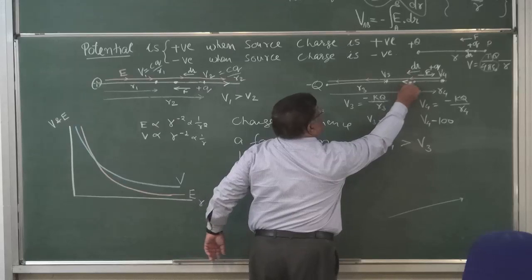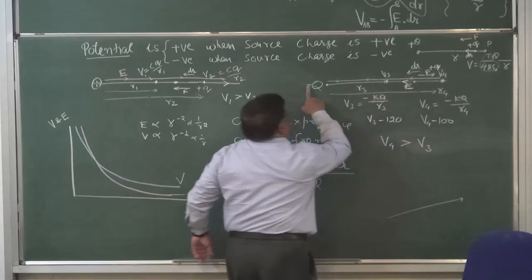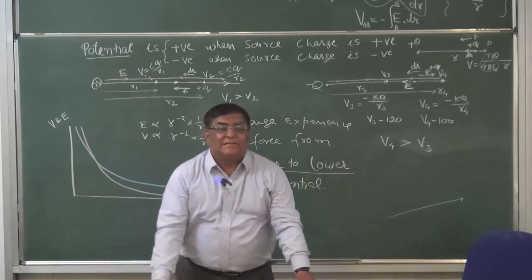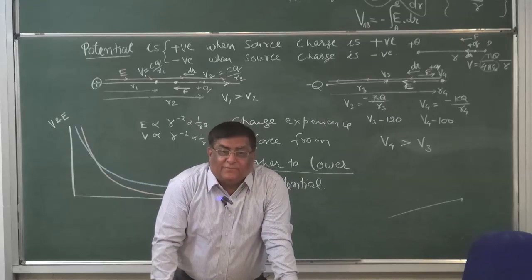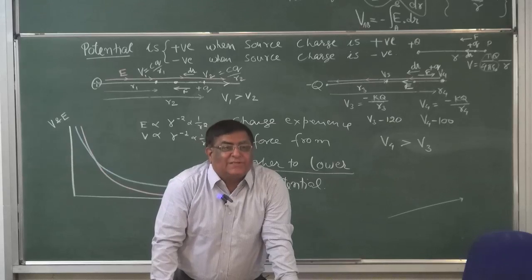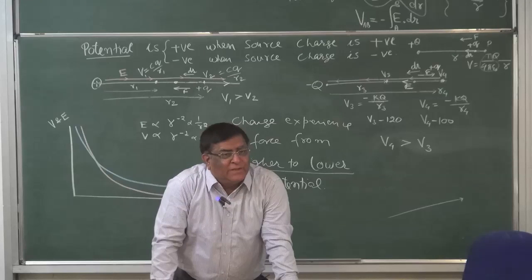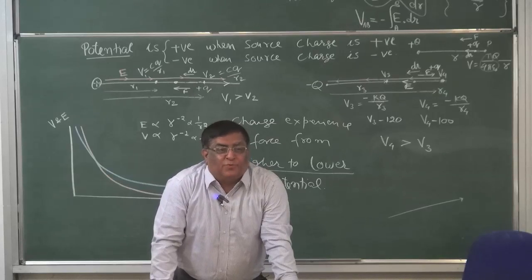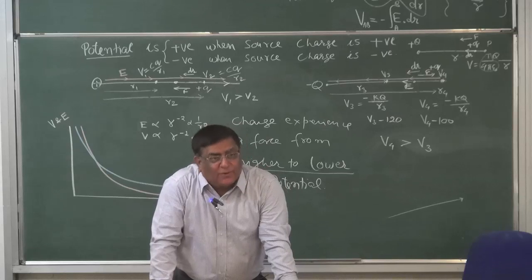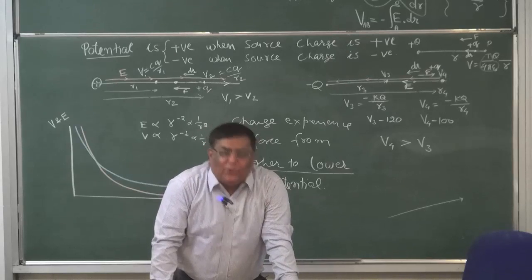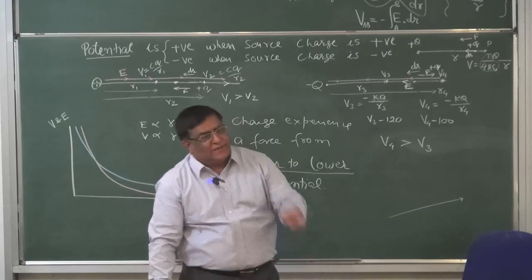In this direction, E. So, the electric field is from higher potential to lower potential, and that is why the charge will move, because a positive charge always moves along the electric field, and a positive charge is moving from higher potential to lower potential. So the electric field is also from higher potential to lower potential.